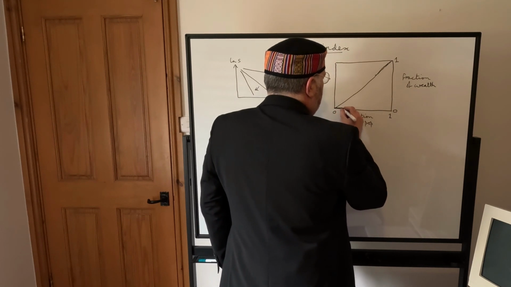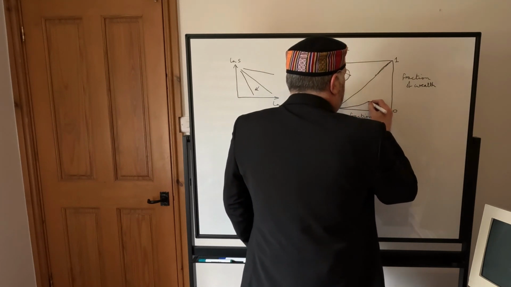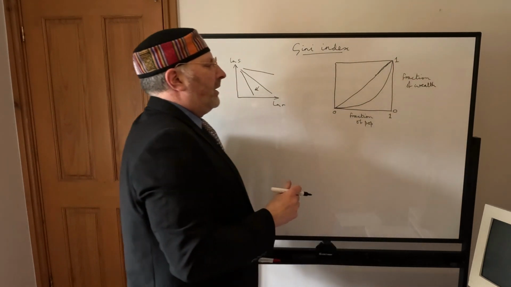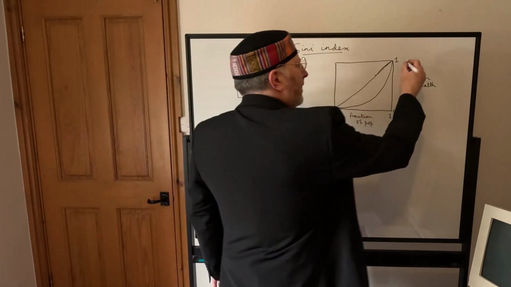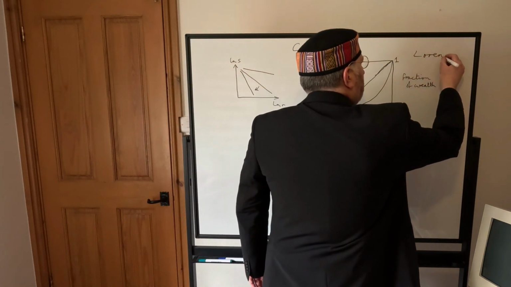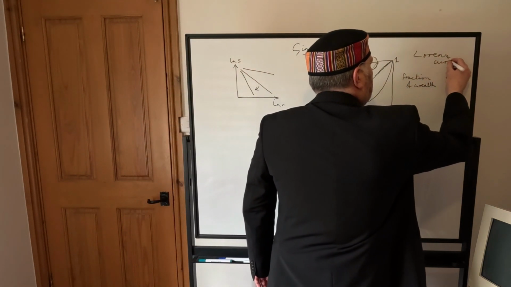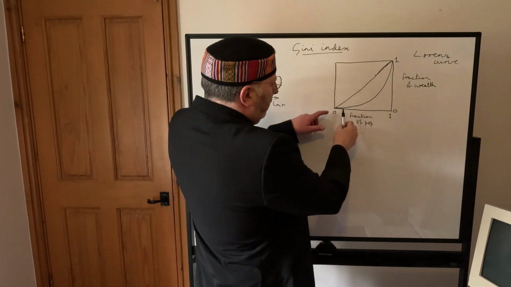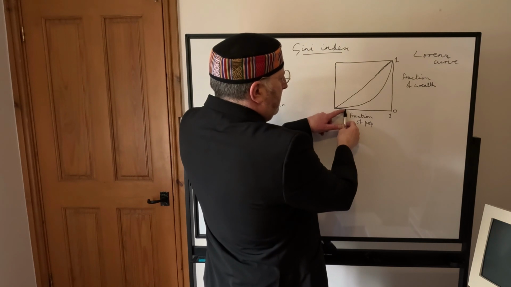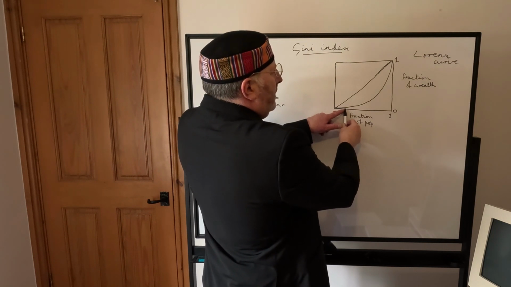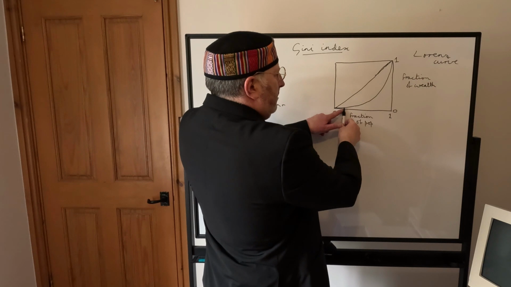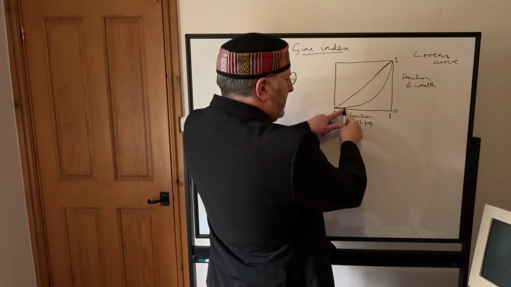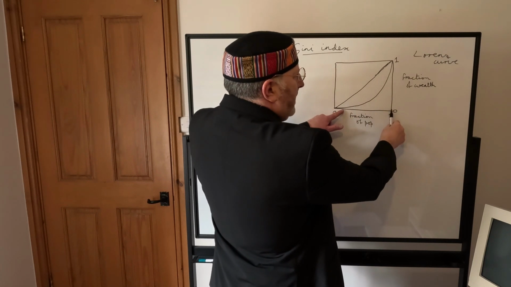If we plot the fraction of the wealth against the fraction of the population, we get a curve that looks like that. This is then the Lorenz curve. So what this means is that if we take the first 10% of the population, the lowest income or lowest wealth part of the population, they have less than 10% of the wealth.